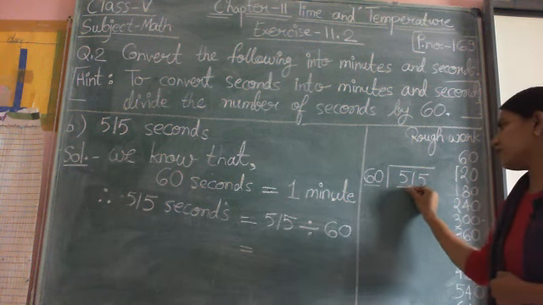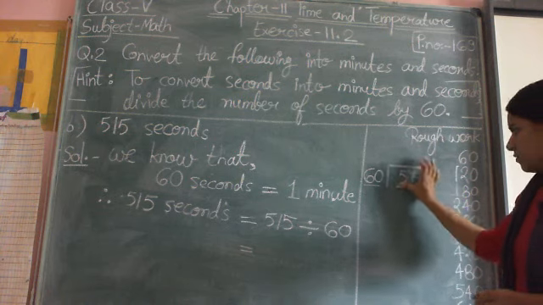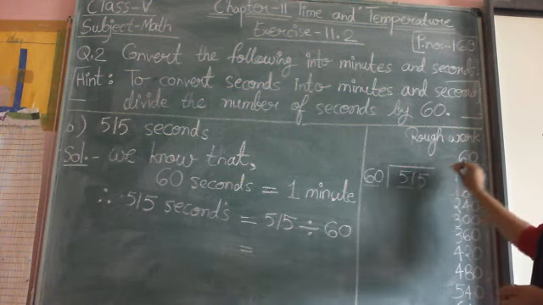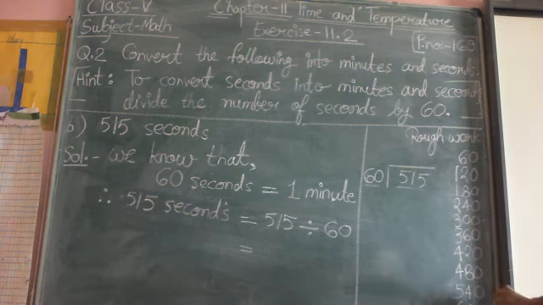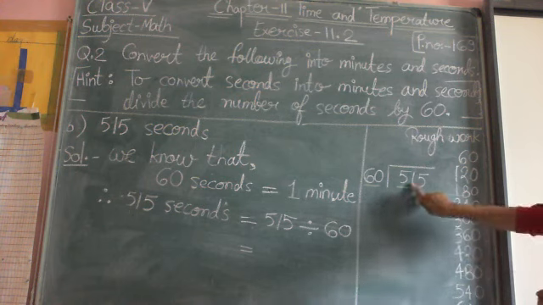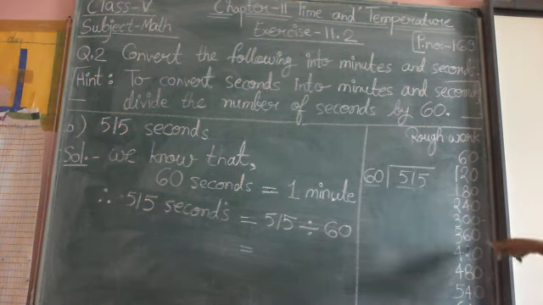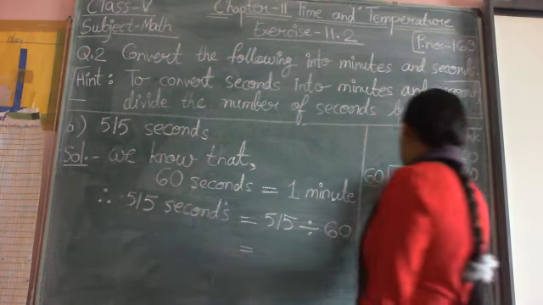So for division, we will take all 3 digits of our dividend. Now let us check whether 515 comes in the table of 60 or not. No, it does not come. Is there any number smaller than 515 that comes in the table of 60? Yes, which is 480. It comes 8 times.